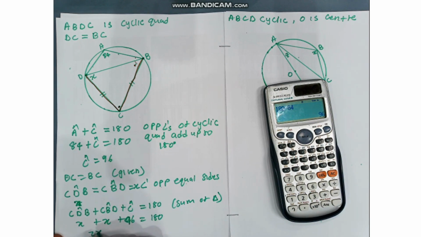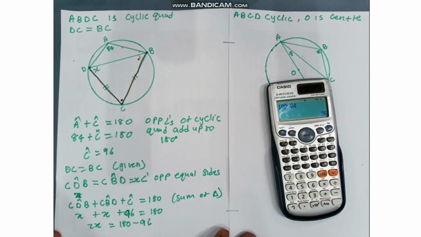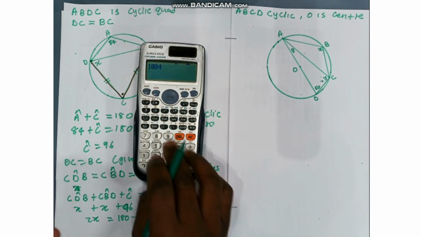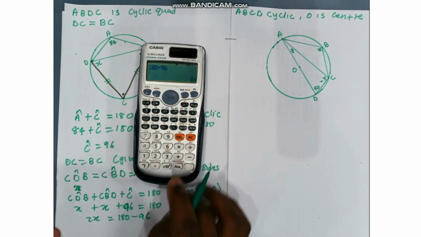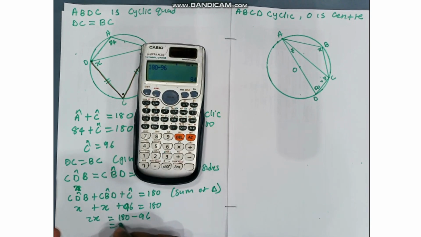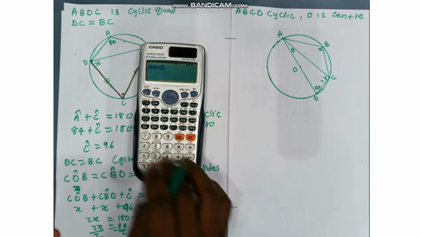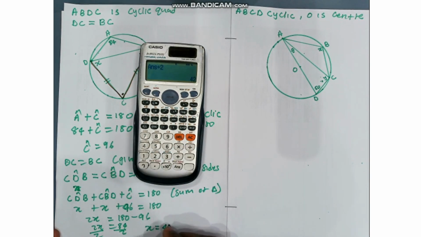This is just going to be 2x equals 180 minus 96, which is 84. 2x divided by 2, x is equal to 42.